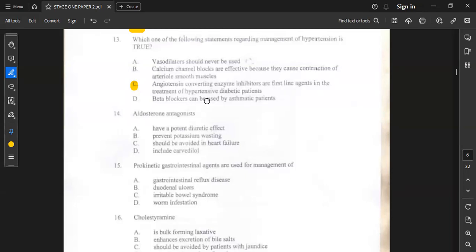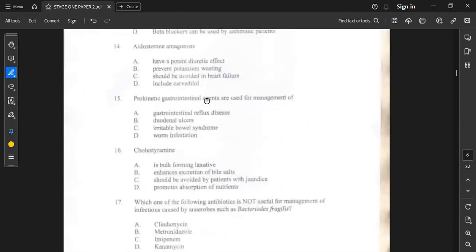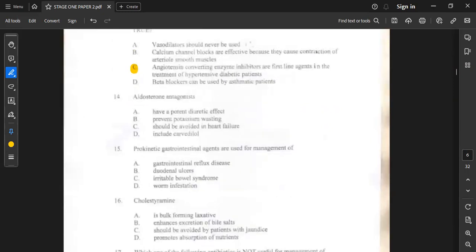Back to this question. I think they prevent potassium wasting because they are potassium sparing diuretics.